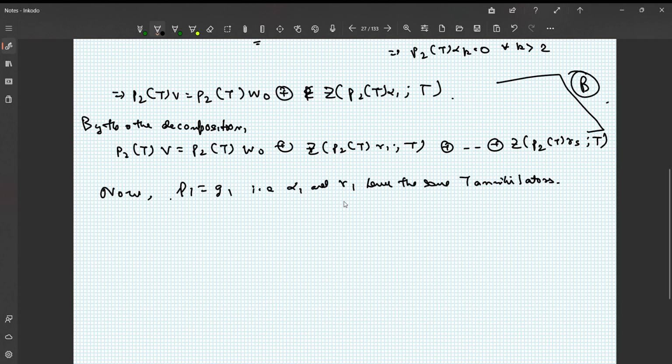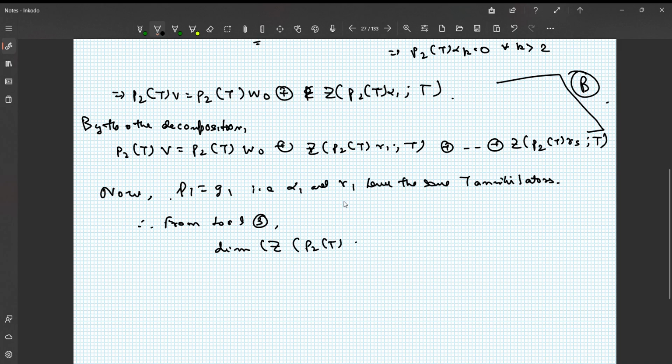So using tool number 3, we can say that if you choose any polynomial f, then the dimension of the T-cyclic subspace generated by f(T) alpha 1 should be equal to the dimension of the T-cyclic subspace generated by f(T) gamma 1, right? So we can choose that polynomial to be P2.